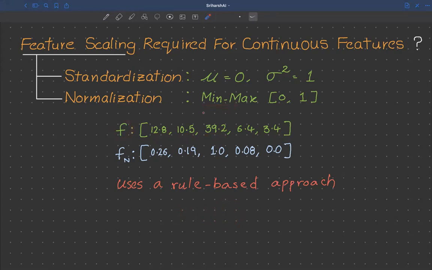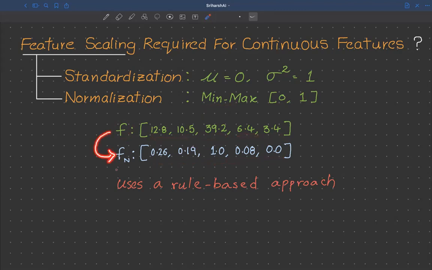Min-max scaling transforms all the values to lie between 0 and 1. The minimum value is transformed into 0, the maximum value is transformed into 1, and all the remaining values lie between 0 and 1. So this is the transformation.